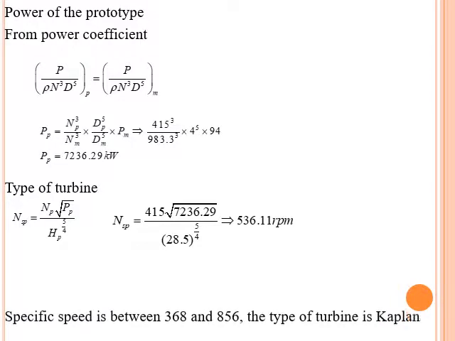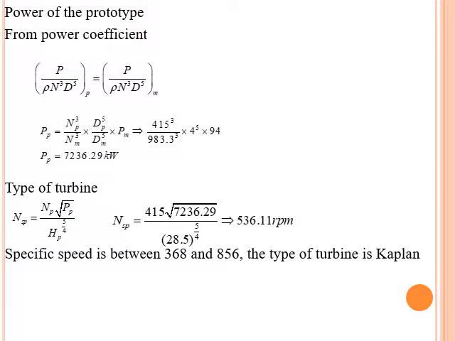So based on this rpm, the specific speed in case ranges from 368 to 856, then the Kaplan turbines are suggested for this range. So according to our answer, the specific speed of the given turbine is 536.11 rpm. So for that reason, for this given condition, the Kaplan turbine is suitable.